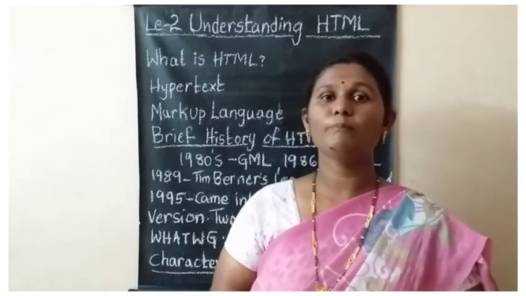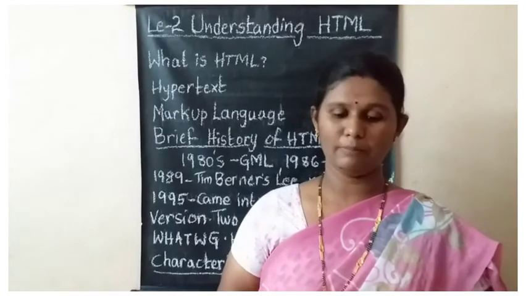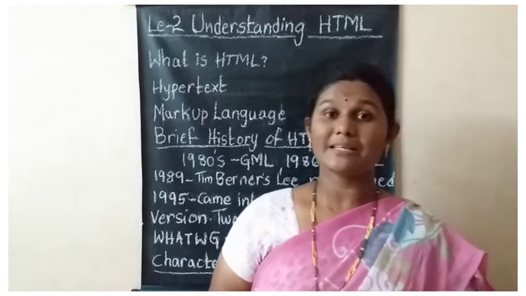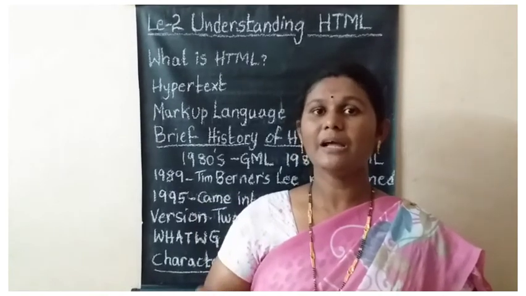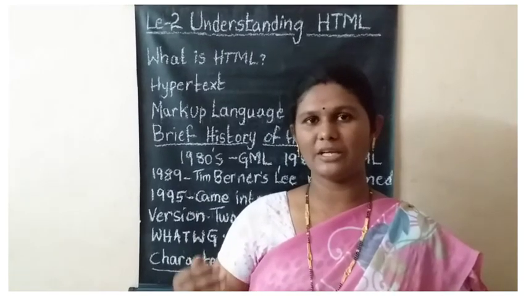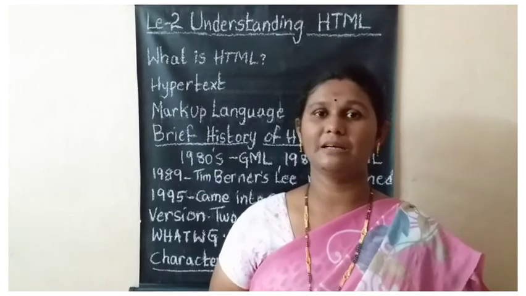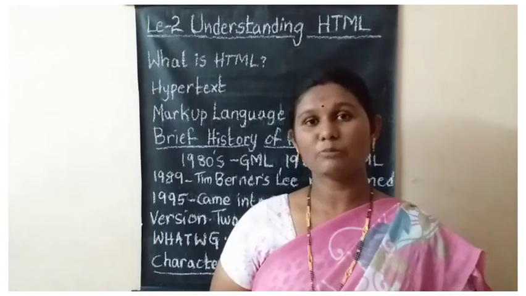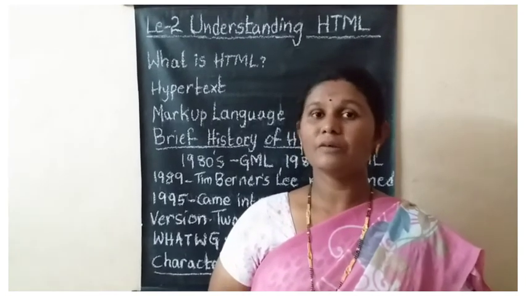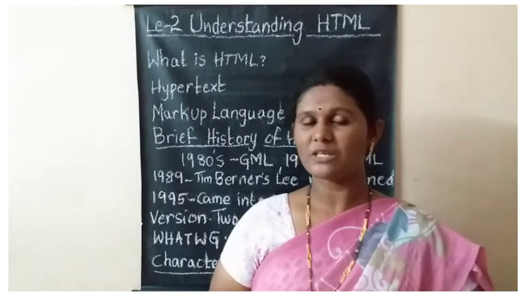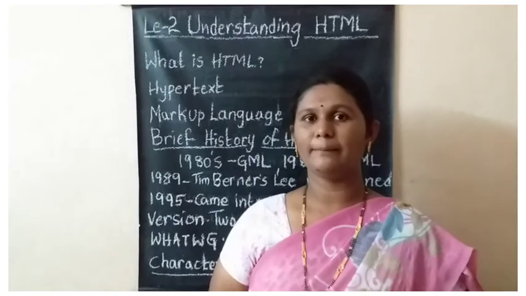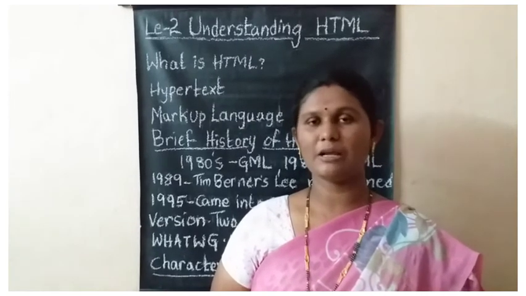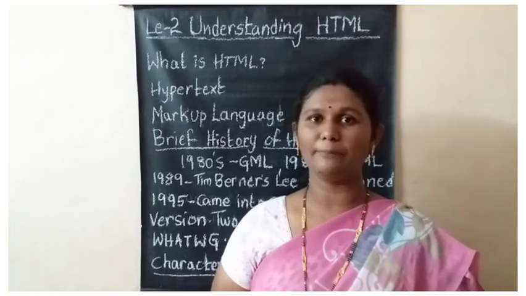Next come to the important topic: tags, elements and attributes. As I said, in the body part, the header part is optional and the body part is main. HTML contains tags. What are tags? Tags are some special symbols. Just as when you are working with maths you have to use formulas, and formulas are very important, like that in an HTML program, tags are very important.